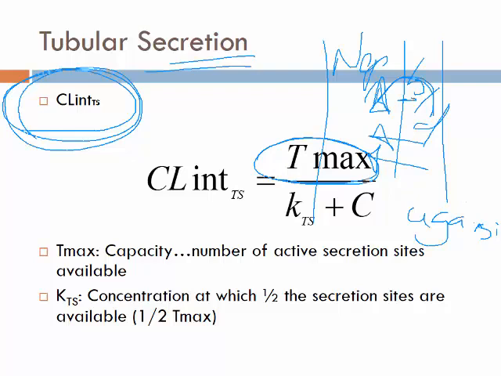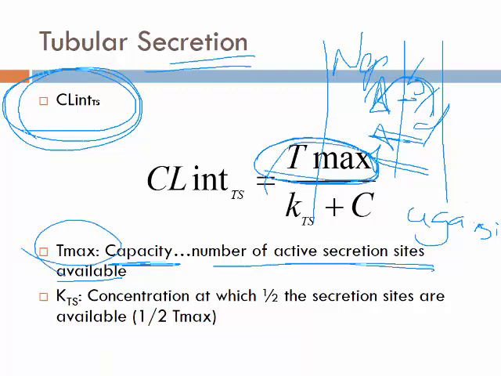So this is the capacity of the system. It's the number of active secretion sites that are available. I think of these as like little shovels or little Ubers that'll take you from the blood to the nephron. And there's a fixed number of those available. So there's a fixed number of these rides from the blood into the nephron. And the number of those is your Tmax, or the capacity of that tubular secretion system.